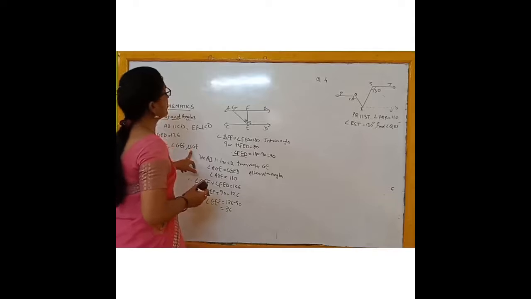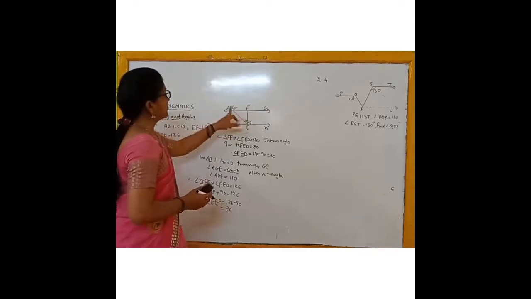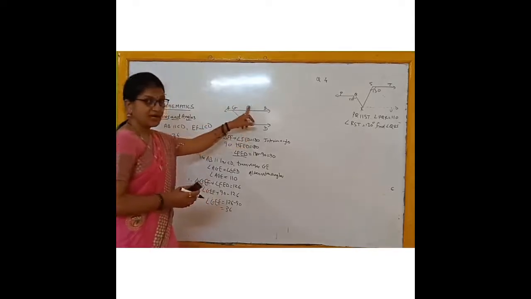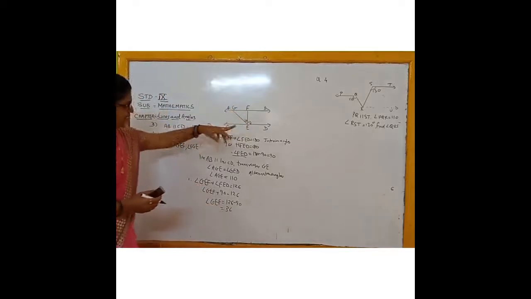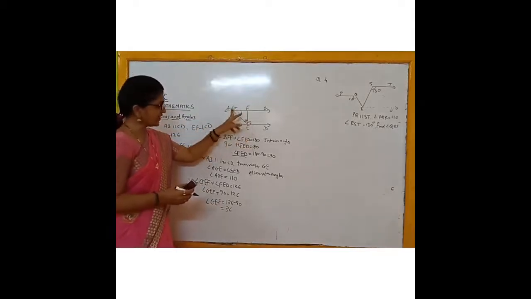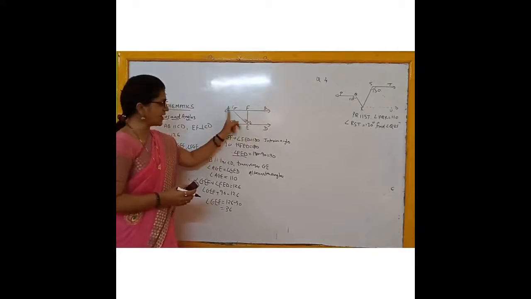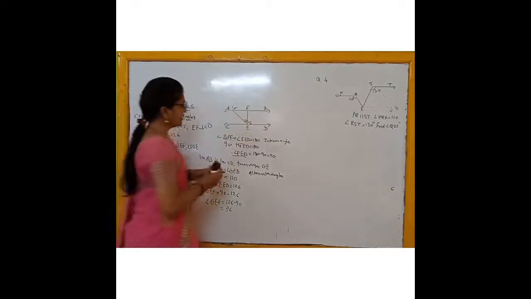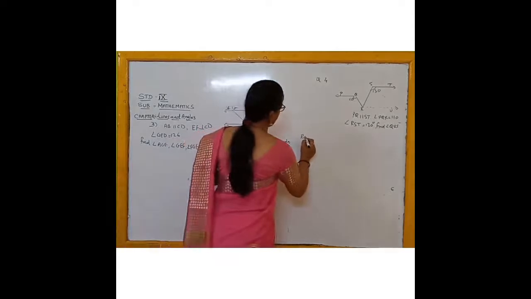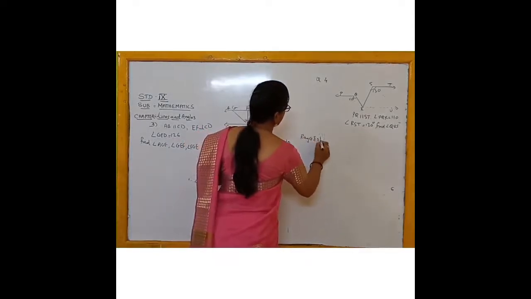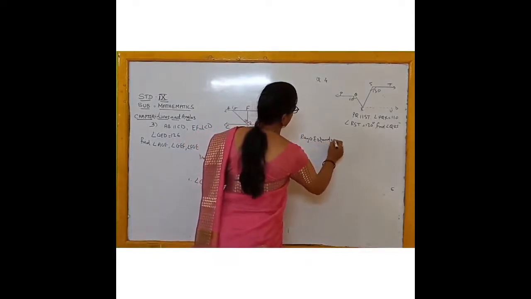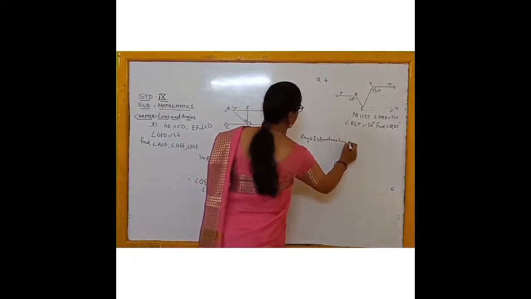Now we want to find out angle FGE. Once again, ray GE stands on line AB.